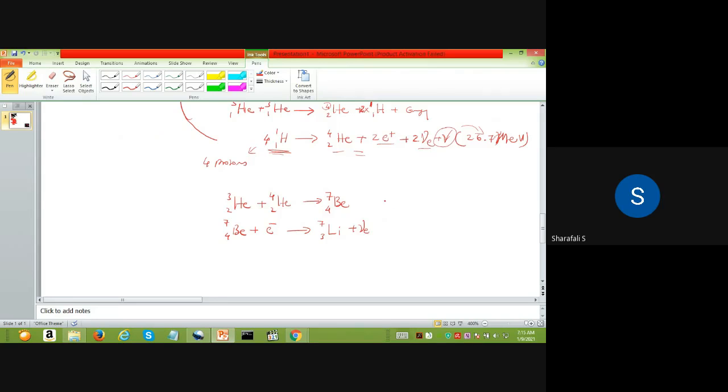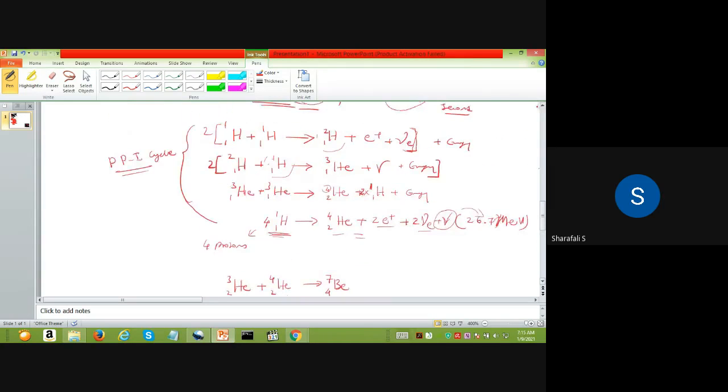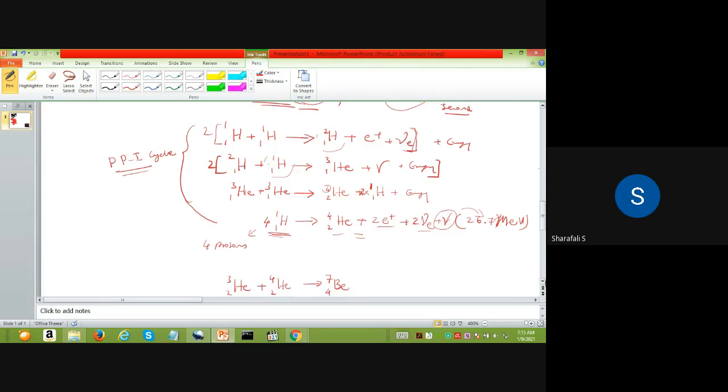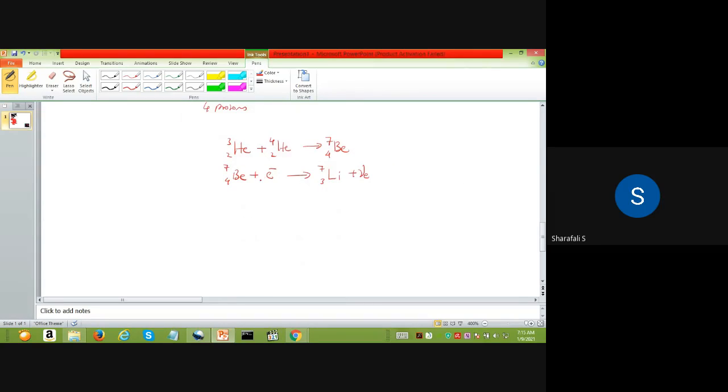This is some kind of internal, reverse process of this inversion. So this is e plus. If you take this side, you will get to this side. If you take e minus, then this also. That is just happening. So that electron will be absorbed by this beryllium, and it will become lithium 7, 3 plus the neutrino.